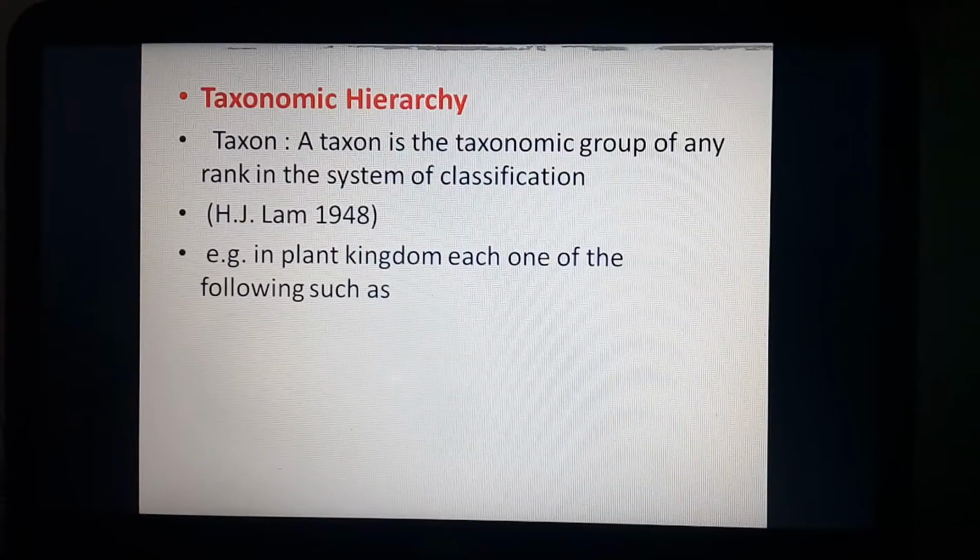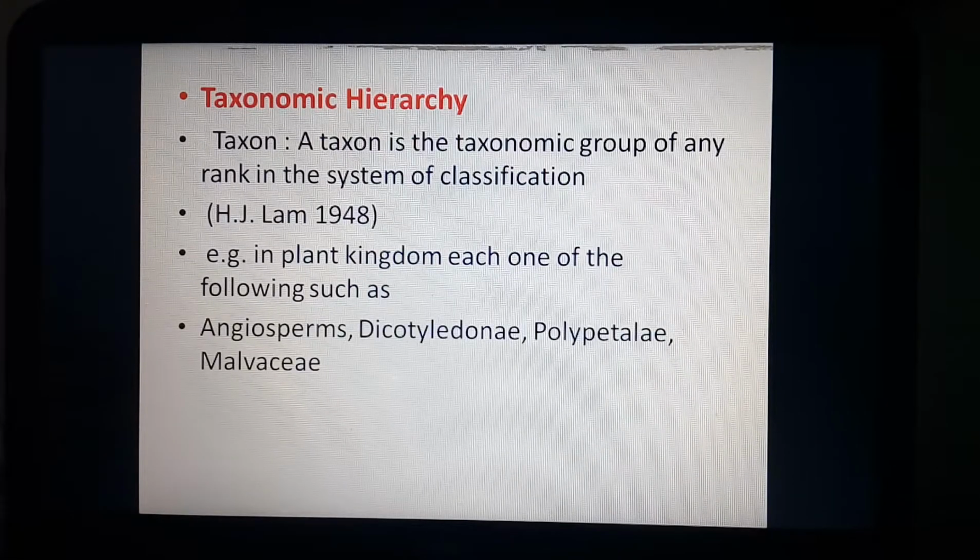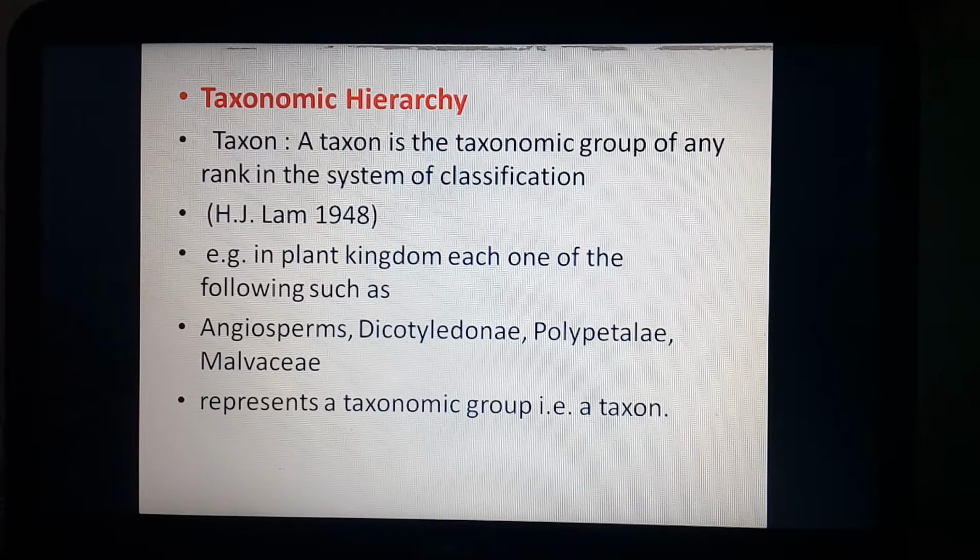In the plant kingdom, each of the following, such as angiosperm, dicotyledony, polypetalae, malvales, are different taxons representing the taxonomic group. That means a taxon belongs to a category.